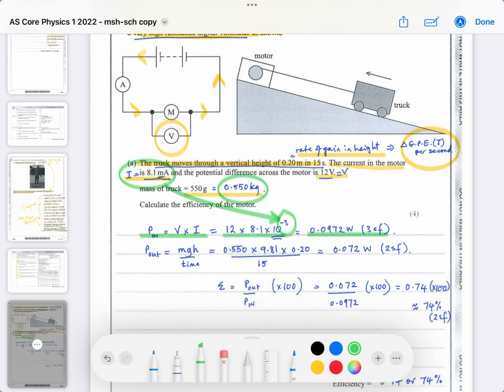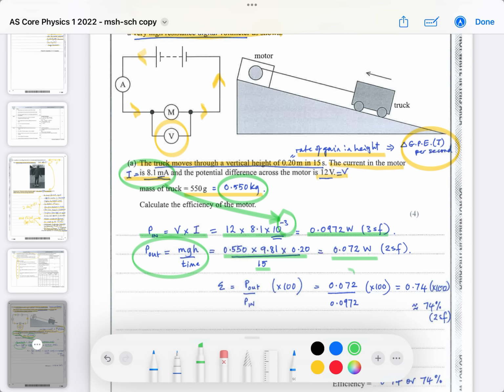The power output is the rate of increase of the potential energy. So it's 0.55 mass times gravity times the rate of increase of height, 0.2 meters in 15 seconds. You can just do mgh over time, and to 2 significant figures that gives you a value of 0.0702.